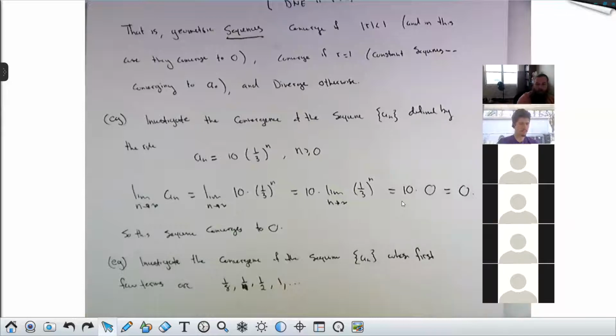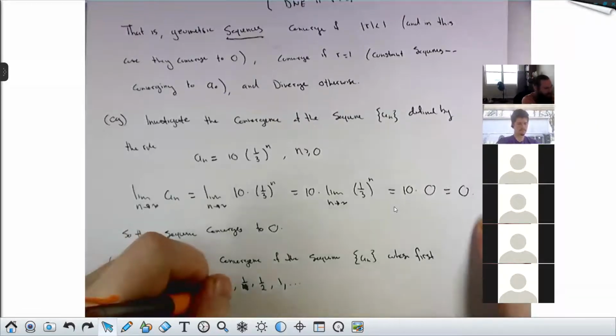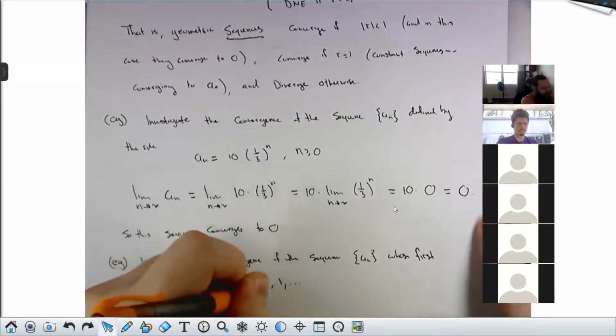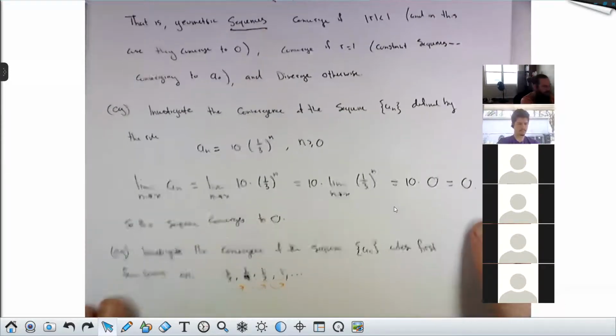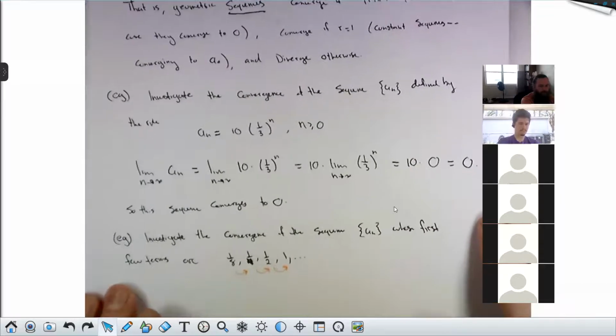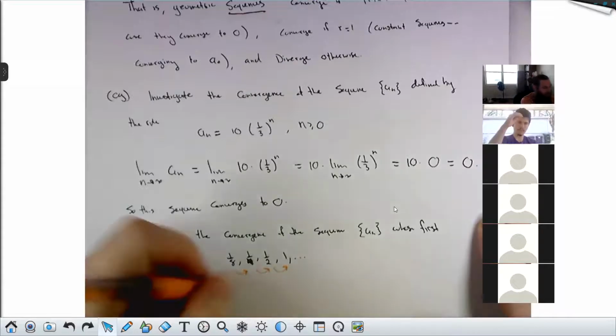I would first want to find the pattern so I can find a formula for an. To go from 1/8 to 1/4, what am I doing? What's the pattern here? Multiply by 2. Yeah.